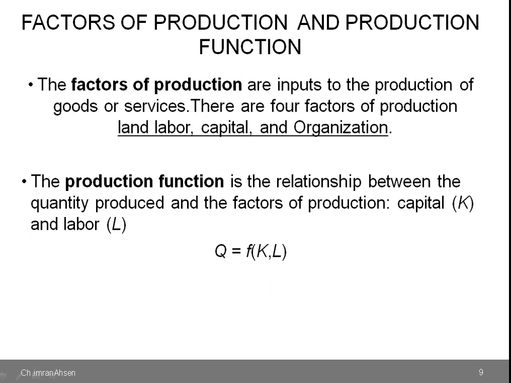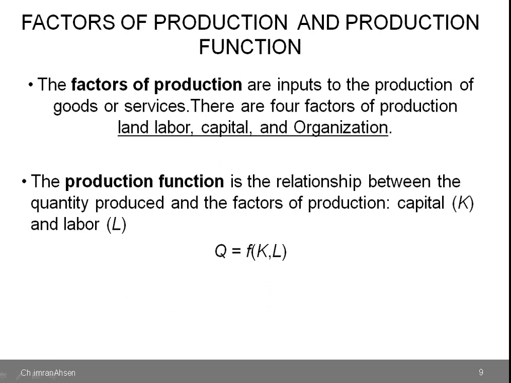K represents capital because in Greek, capital was originally used with K. So quantity output is a function of K and L. We have these 2 factors of production which are actively and directly involved in the production function. Land is not directly and actively involved. Organization is not directly involved. And some economists put more emphasis on labor and capital.